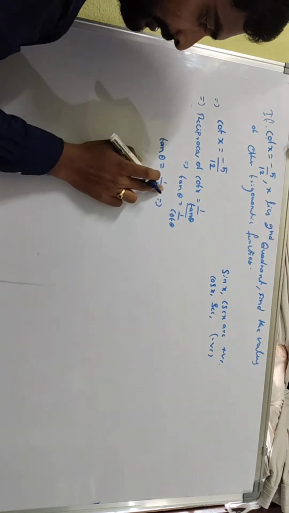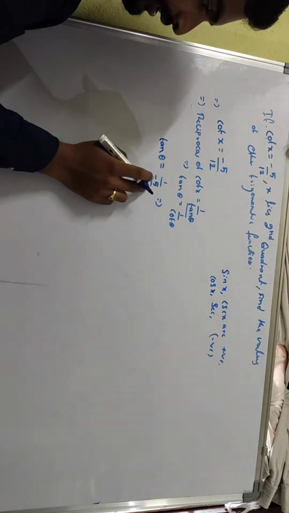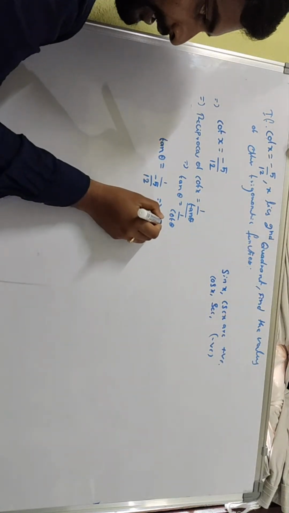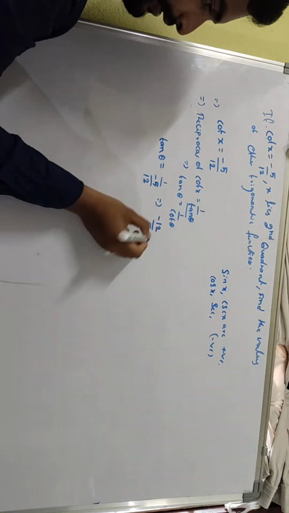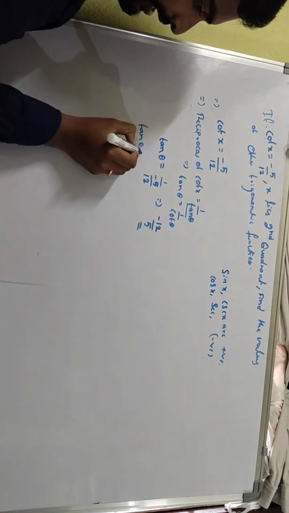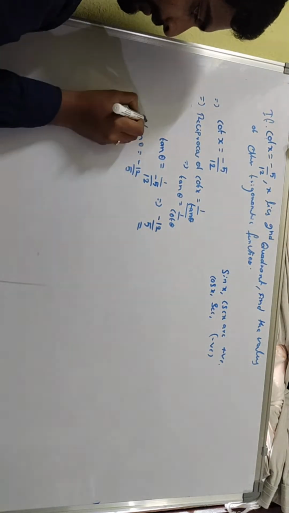So tan theta is equal to 1 by minus 5 by 12. When two denominators are placed, the expression becomes the reciprocal. It means minus 12 by 5. So tan theta is equal to minus 12 by 5.